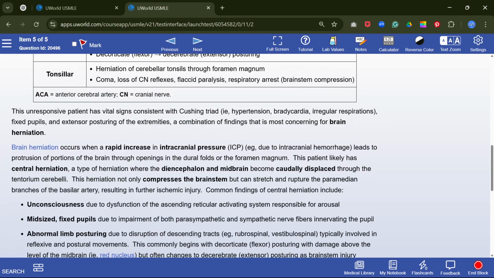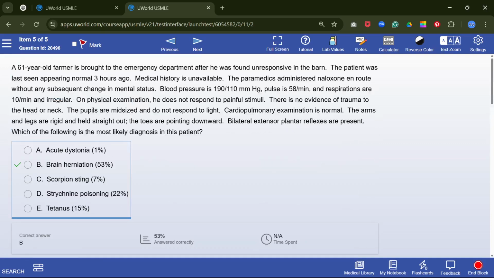Look here, this patient has brain herniation. There is a rapid increase in intracranial pressure due to intracranial hemorrhage. This patient has central herniation. Why? The pupils are mid-sized and do not respond to light.